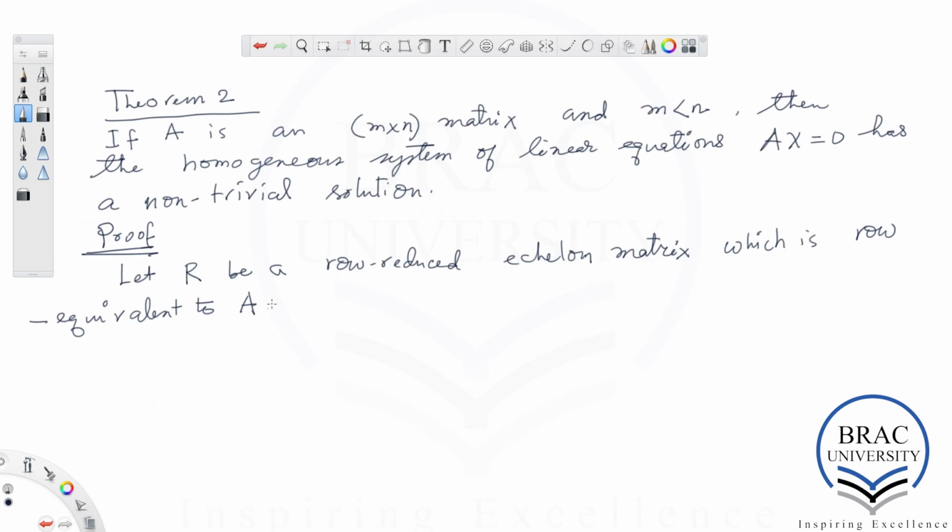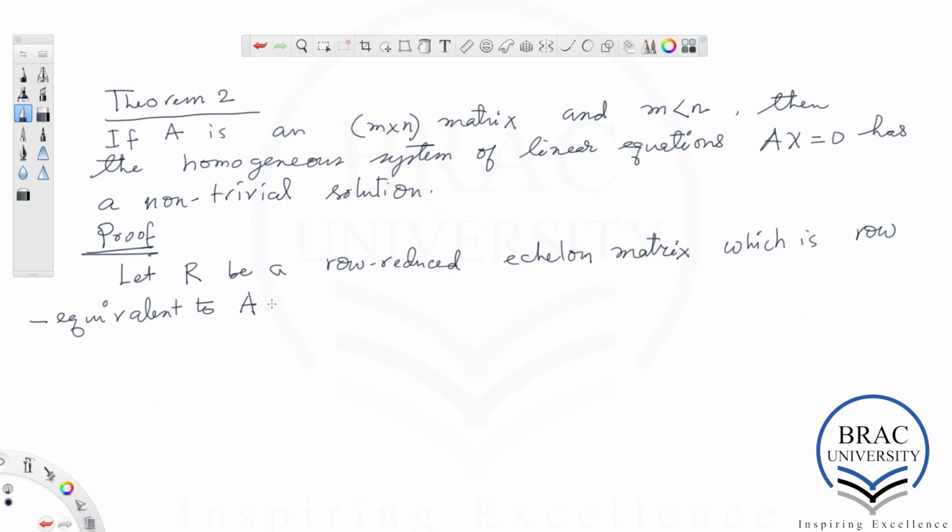A is any m times n matrix, and we can apply a finite sequence of elementary row operations to convert it into a row-reduced echelon matrix.